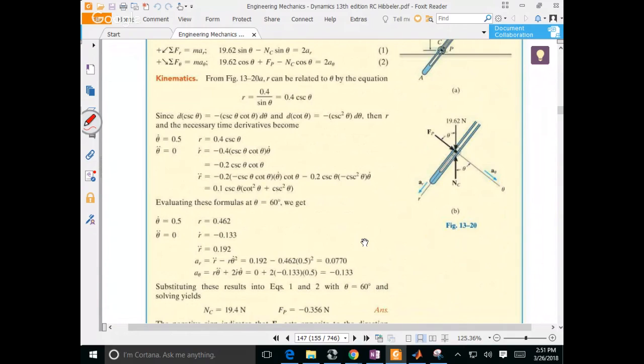You've already got theta is 60, so you can put in 60, 60, 60, 60, shove it over and find N C, which, here it is. And then from the N C, you shove the N C in here and move everything over and find the F P. So you'll find this one first, then that one.